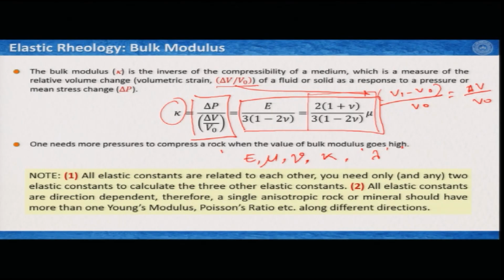If these are direction dependent, therefore, a single anisotropic rock or mineral should have more than one Young's modulus, more than one Poisson's ratio, and so on. What I mean by that is, if I have a rock in 2 dimensions, if I draw it like this, the dotted areas are 2 different materials. Now, if I deform it, extending it in this direction, then I would get the Young's modulus along this direction.